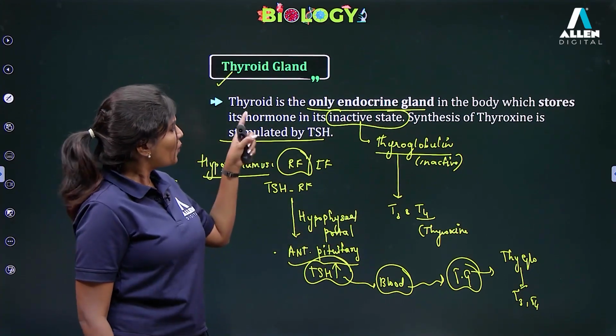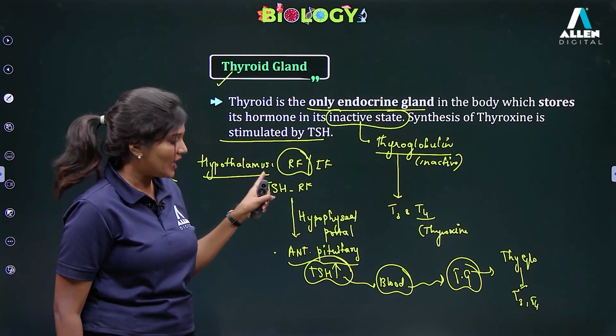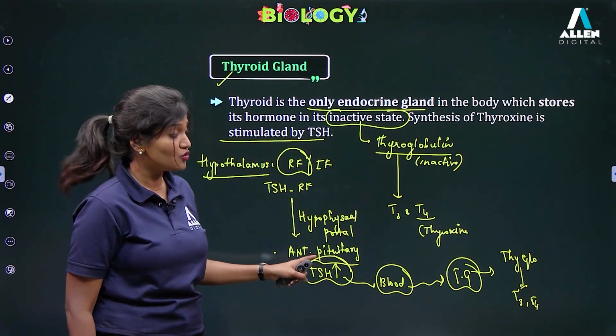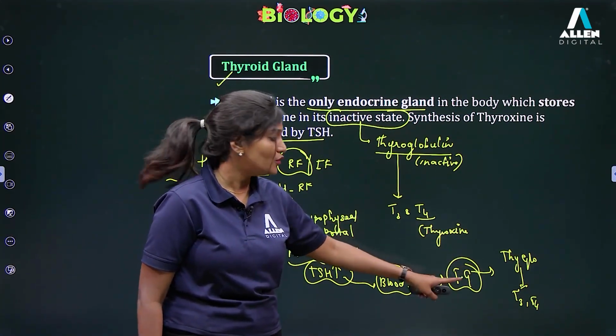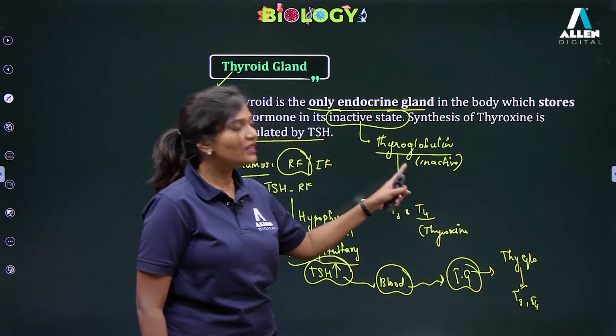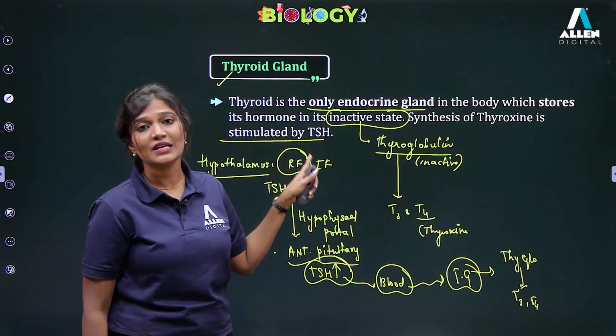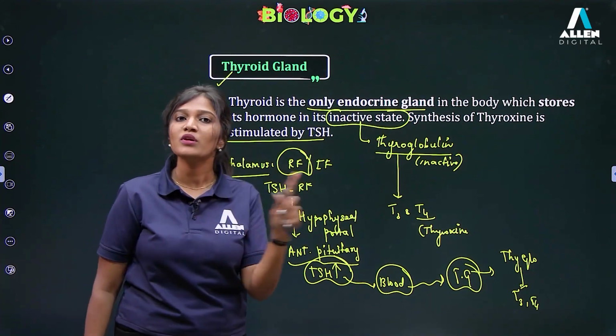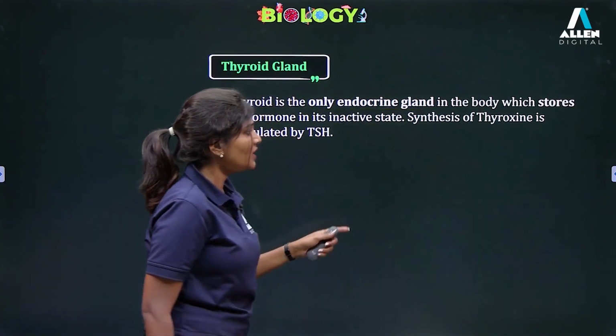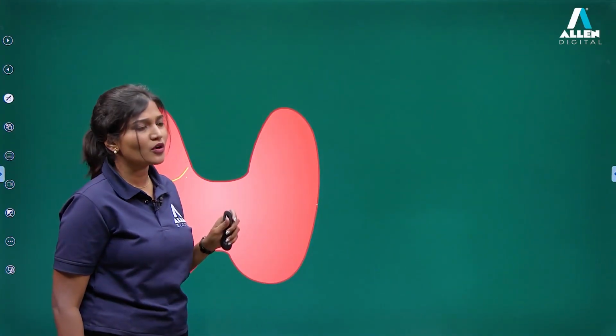So I can say, without the stimulation of the hypothalamus and the anterior part of the pituitary, the thyroid gland will never produce T3 and T4. This is the only gland present in our body which stores its secretion in an inactive form, and no other endocrine gland in our body will store its secretion. So this is an important characteristic.